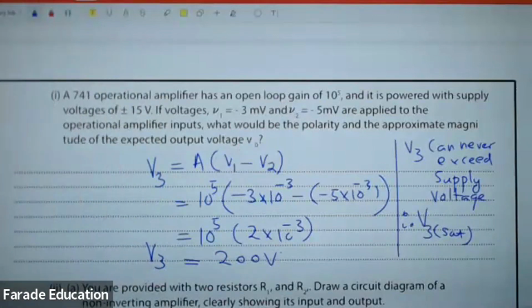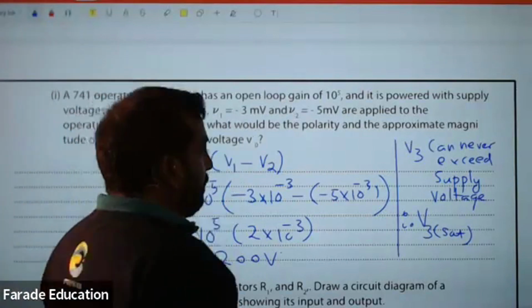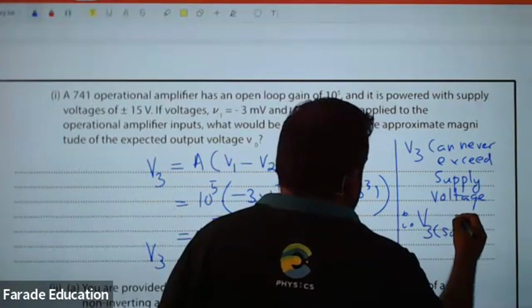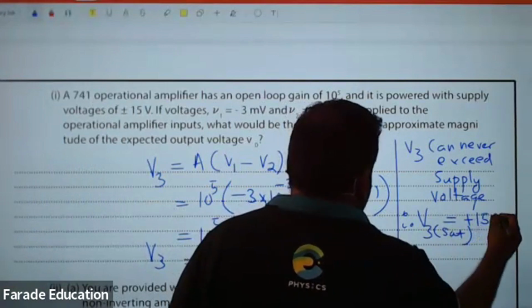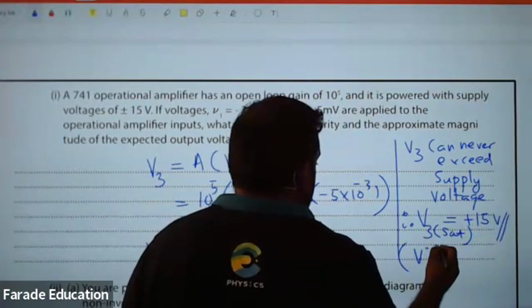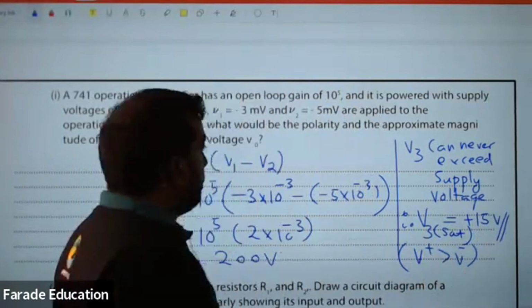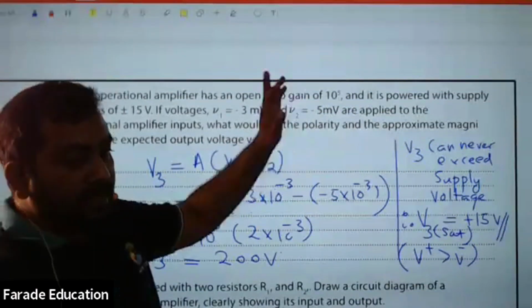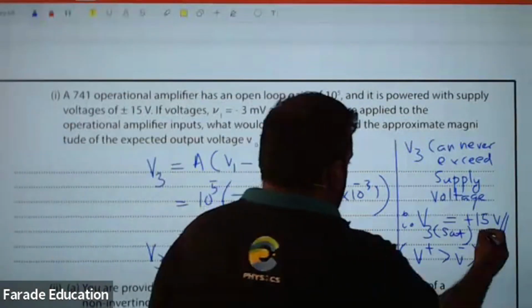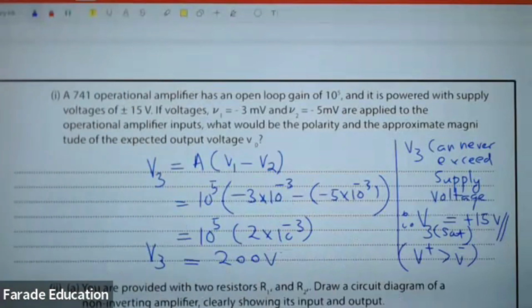So who is bigger? Of course, V plus is larger than V minus, because minus 3 millivolts is larger than minus 5 millivolts. So the output will saturate at the positive supply voltage, which means plus 15 volts. Right? Okay.